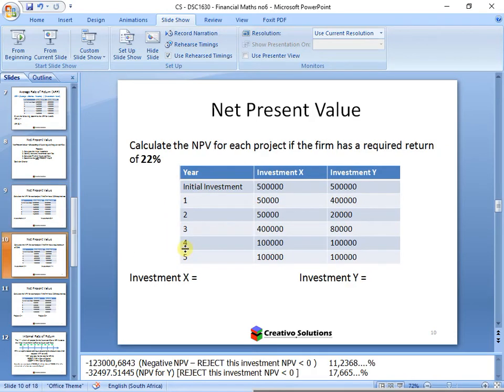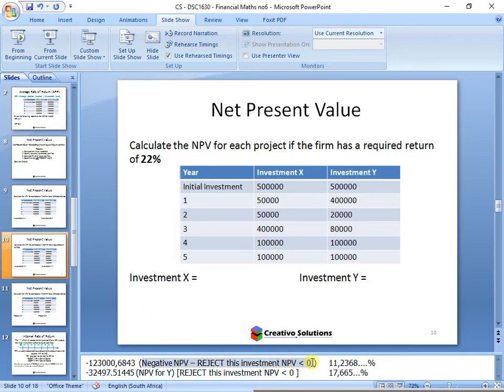All right, so two more examples for you to try. X and Y. Negative. Okay, good. The negative is important because what was the criteria for NPV?